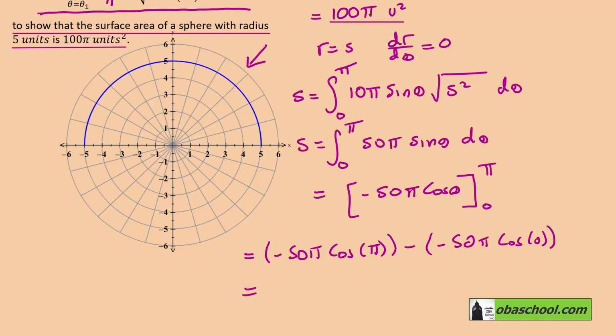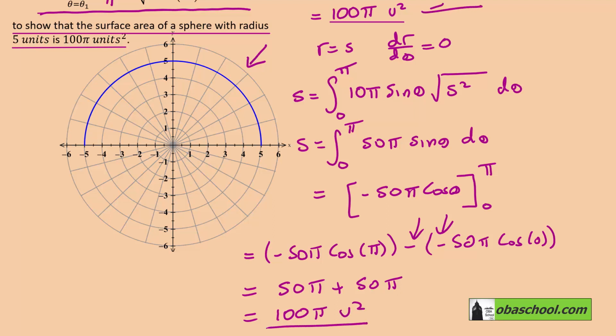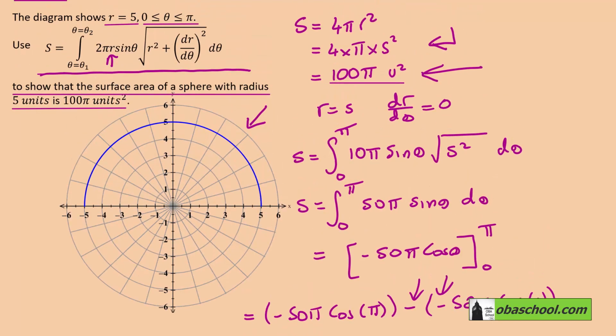Now cos pi is negative 1, so this first one becomes 50 pi. With the minus minus here, that becomes a plus, so we've got plus 50 pi, giving us 100 pi square units. The same answer as we got for the formula for the surface area of a sphere above.